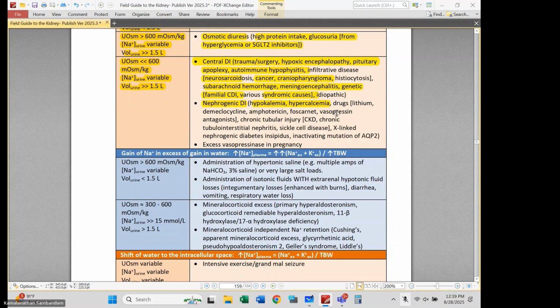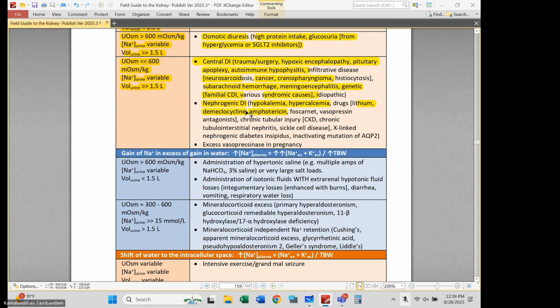Drugs, including lithium, is a classic one. Demeclocycline is on the list. You'll find that that's very rare. I don't think many people use that anymore, especially with more tools to manage impaired water excretion, like urea tablets. People are using that much more, and SGLT2 inhibitors.